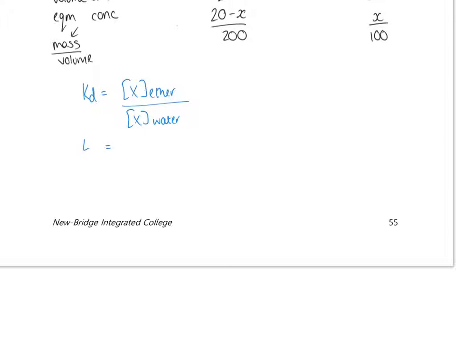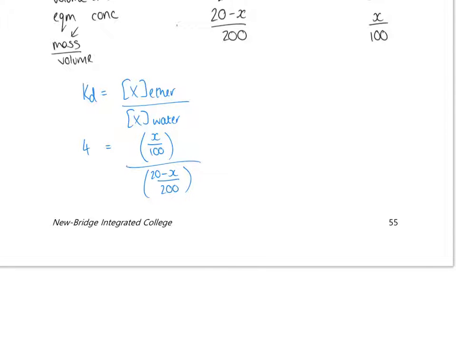We've been told in the question that KD is 4, and we've represented the concentration in ether as X over 100 and the concentration of X in water as 20 minus X over 200. The working out from this point is exactly the same as was done in the previous question, so perhaps you could stop the video and give it a go yourself, and then I will go through the rest of it.